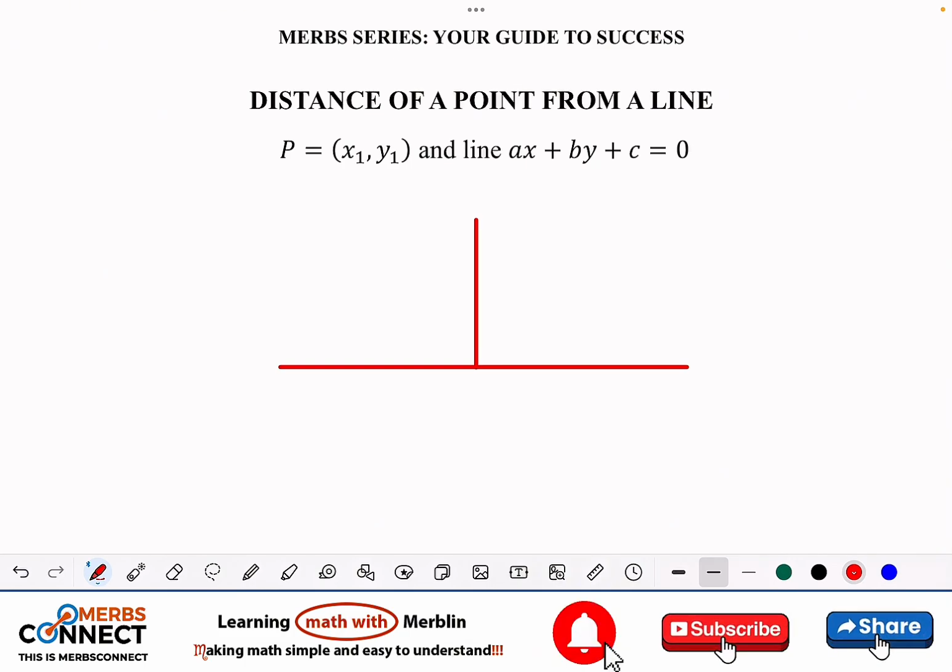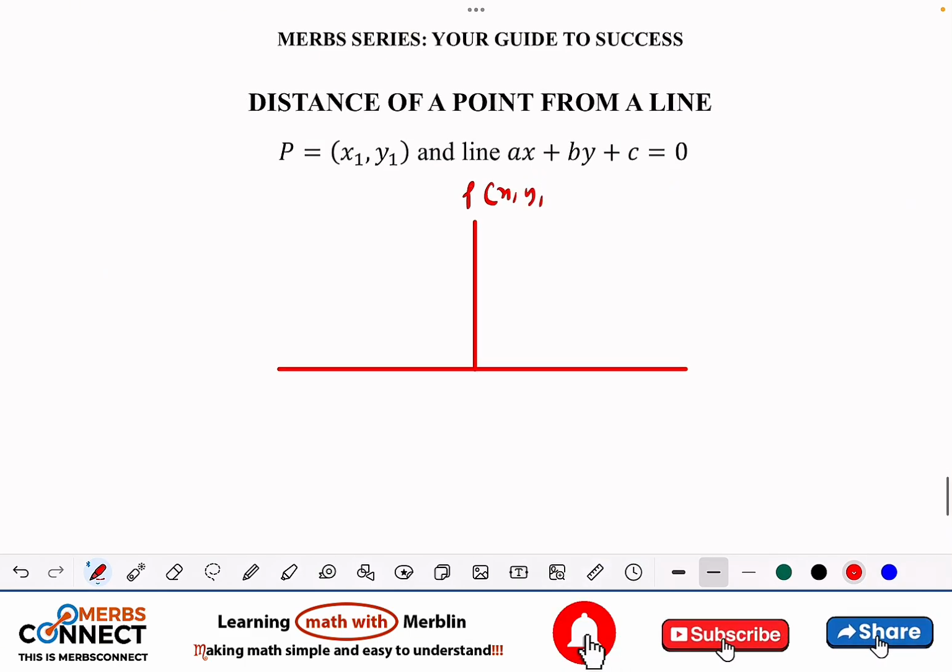This is point P, x1, y1. And then this is the line, ax plus by plus c is equal to 0, right?